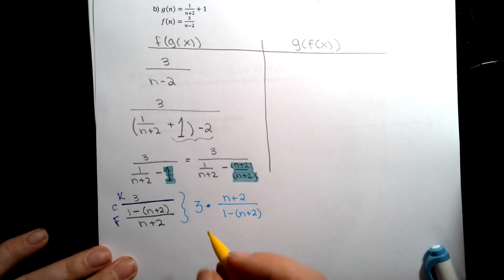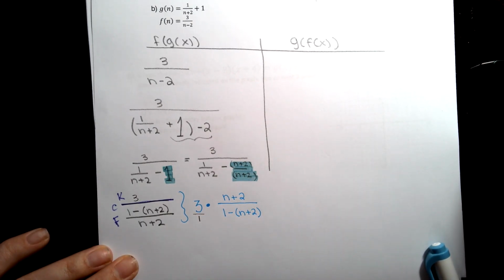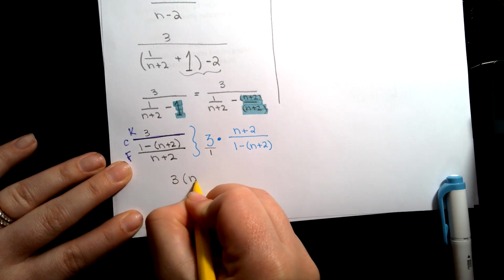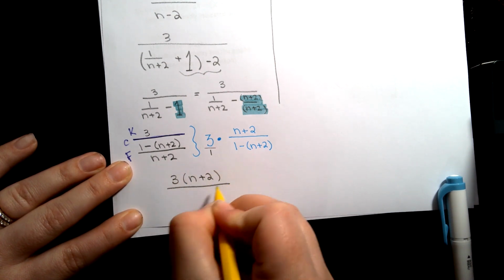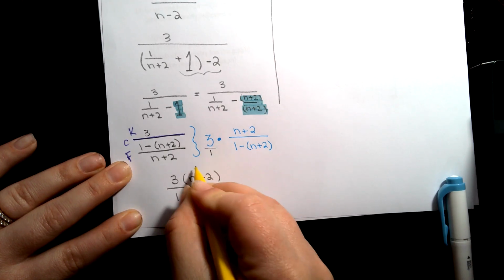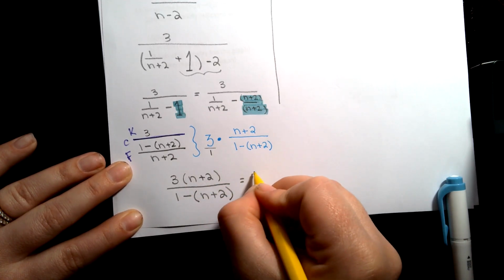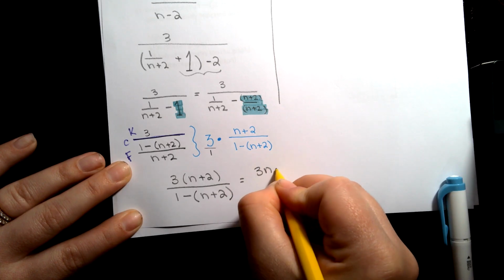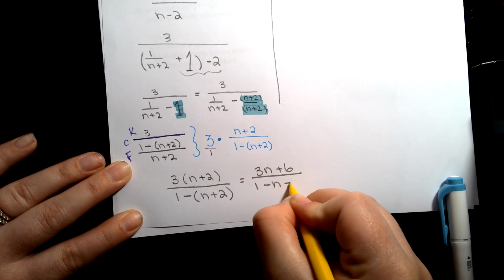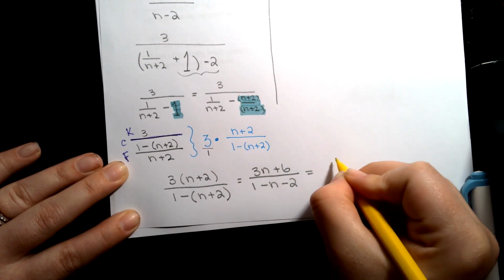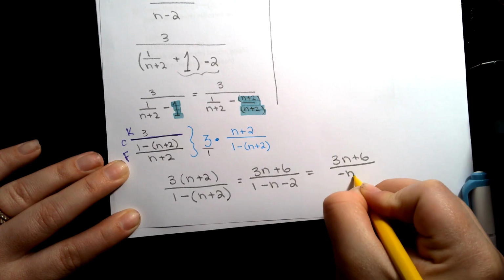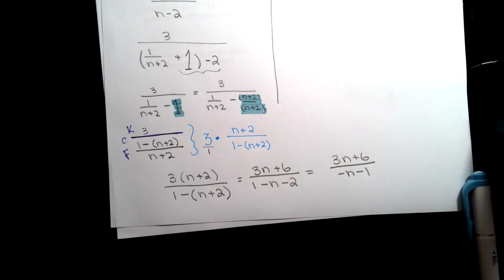There is a 1 in the denominator. So we end up having here 3 times n plus 2 all over 1 minus open n plus 2. No, you cannot simplify those n plus 2's. This is saying 3n plus 6 all over 1 minus n minus 2, which again is giving us 3n plus 6 all over negative n minus 1.